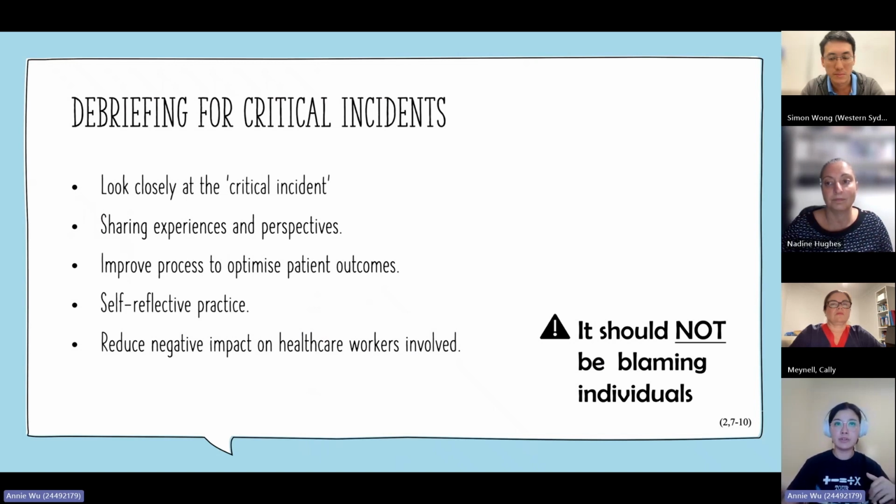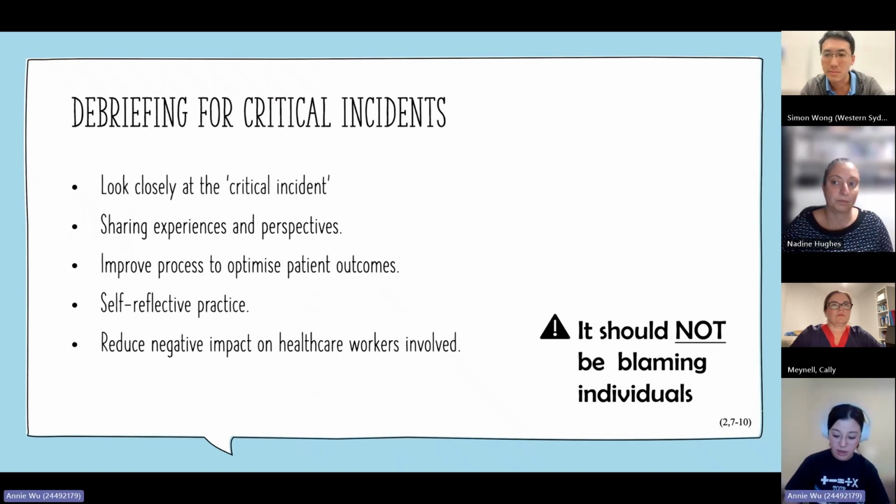And after debriefing that incident, we realized bed rails are actually causing the patient to have more severe falls. Therefore, we implemented a quality improvement project where we looked through how many incidents have happened because of it. And by looking at these data, we can look back on how we can improve practice. Just a way of how debriefing contributes to critical incidents.